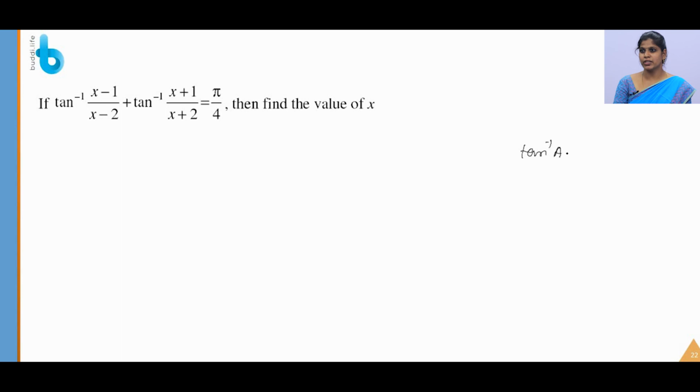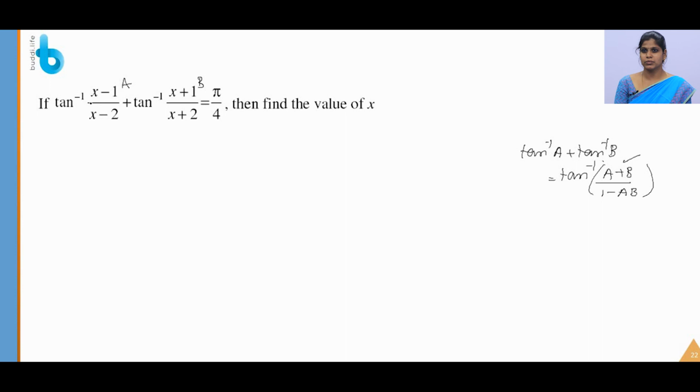Tan inverse of a plus tan inverse of b equal to tan inverse of (a plus b) divided by (1 minus ab). So this left hand side we are going to apply here, so that this full term will become a and this full term will become b.